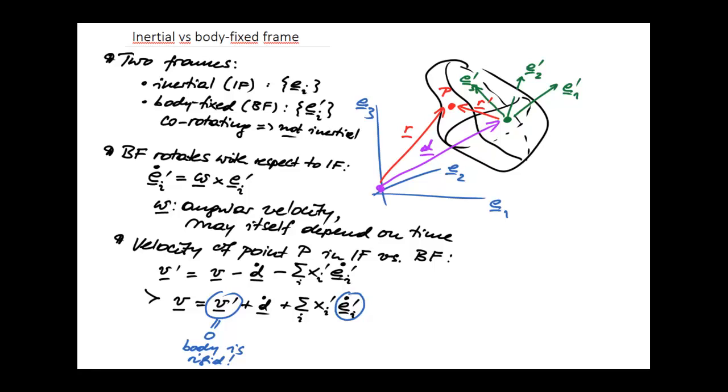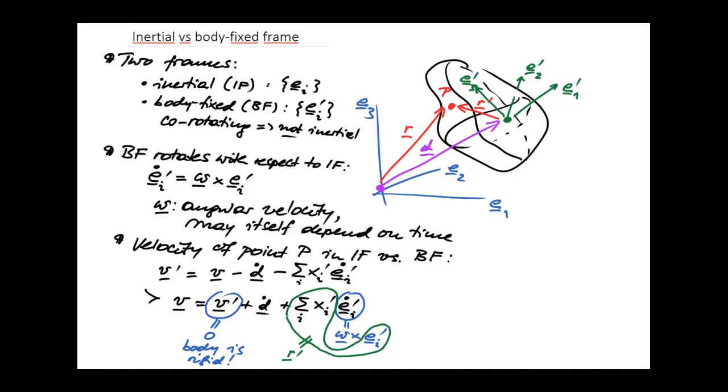The e_i prime dot, we said earlier that this equals angular velocity vector omega cross e_i prime. But now this in turn, the sum over i of x_i prime e_i prime, this is nothing but the position vector of point P. The x_i prime are the components of the position vector of P in the body fixed frame, and then I multiply the components with the basis vectors of the body fixed frame, and I get the vector r prime.